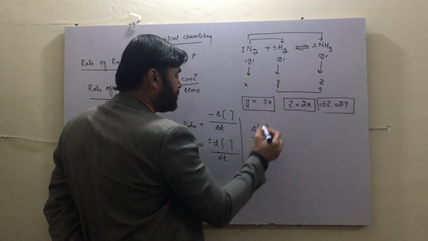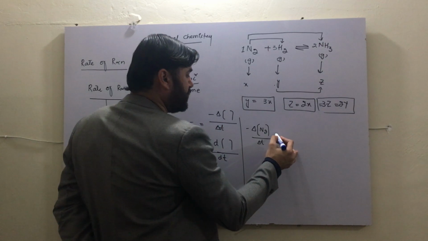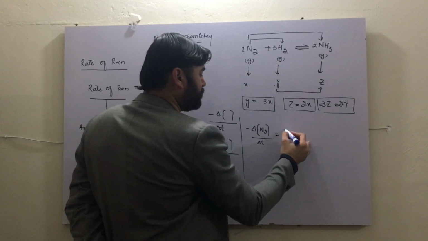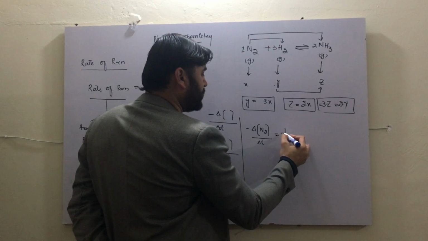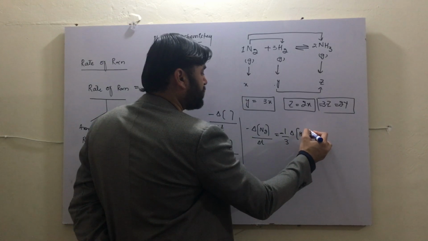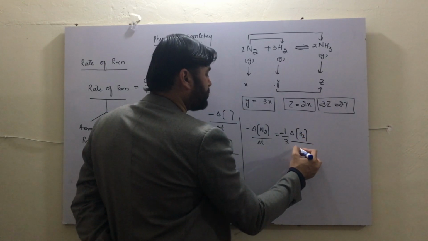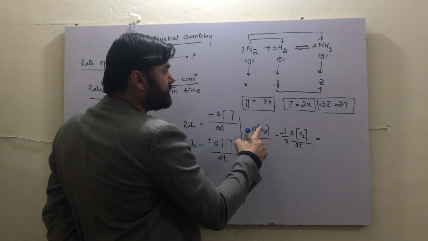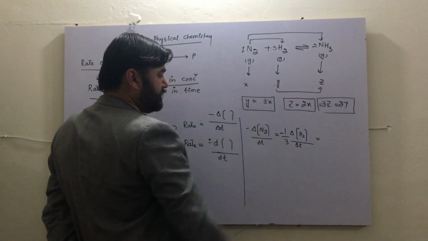Of course this is disappearance, so that will be negative, and it is equal to 1/3 times negative delta H2 divided by change in time. Negative means that both will disappear.